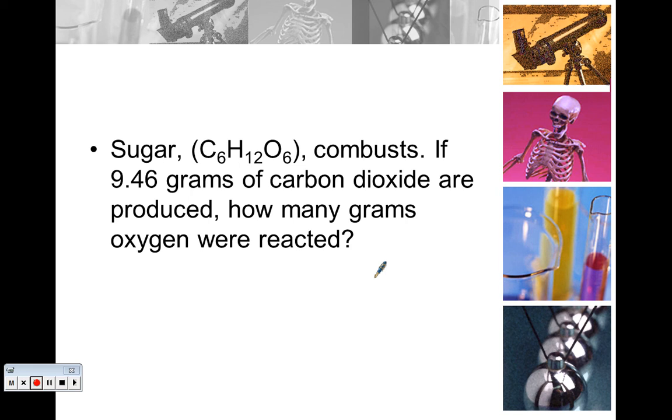I'm going from carbon to carbon dioxide, CO2. So it's 12 plus 16 times 2, right? Because it's carbon dioxide. So 44 grams of carbon dioxide gives you 1 mole of carbon dioxide. I'm trying to find an oxygen. So here's oxygen, O2. For every 6 moles of CO2, I have 6 moles of O2.